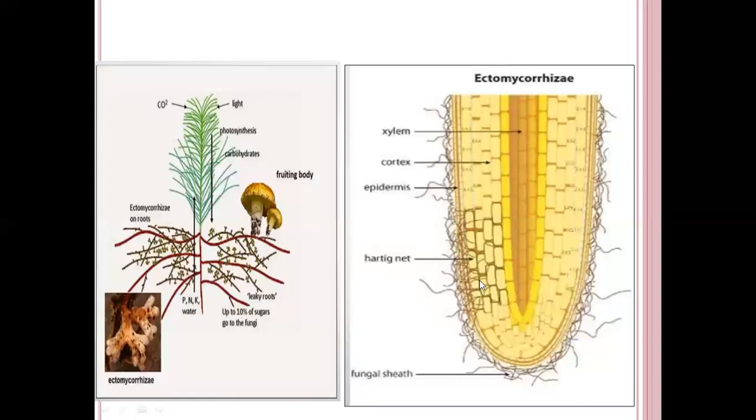In the cortical region, you can see this Hartig net which is present in between the cells, whereas there is nothing inside the plant cells. So the fungal species will never enter inside the cell.